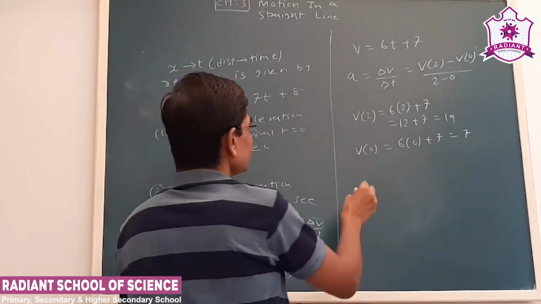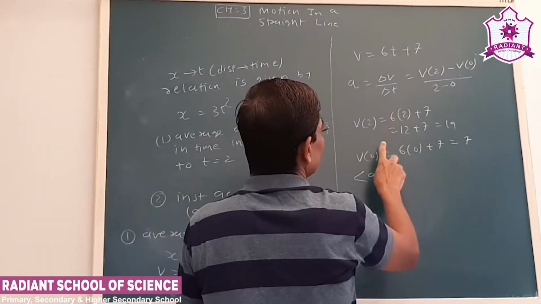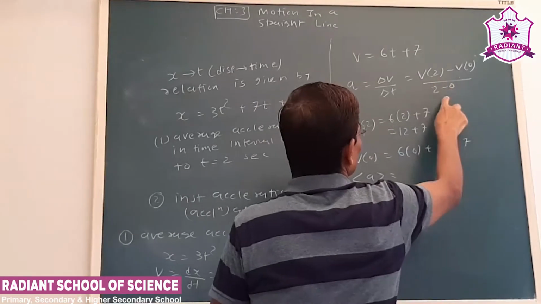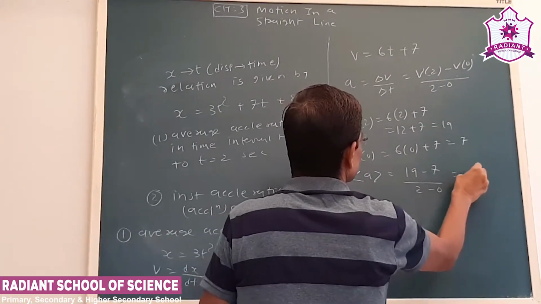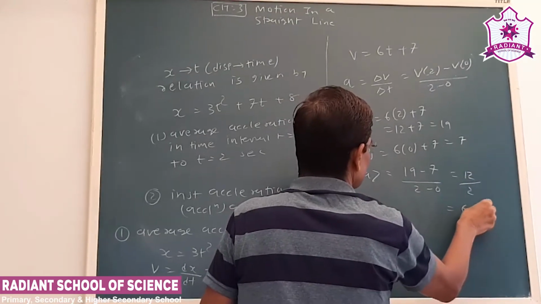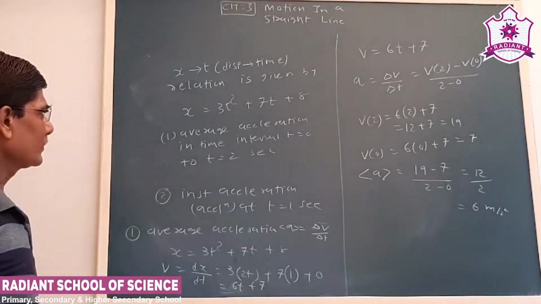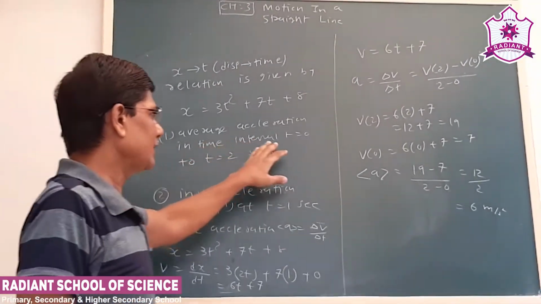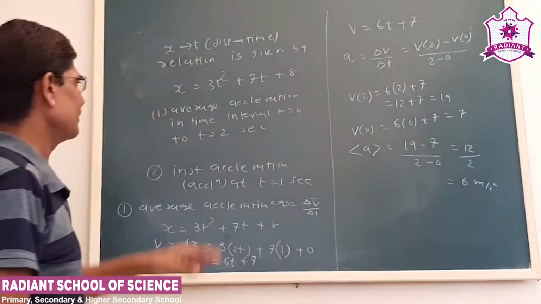Now average acceleration is v2 minus v0 upon 2 minus 0, that is 19 minus 7 upon 2. Okay, this is how we can obtain average acceleration in the time interval 0 to 2 seconds.